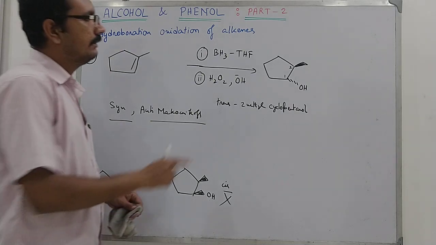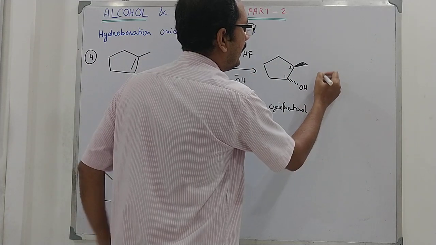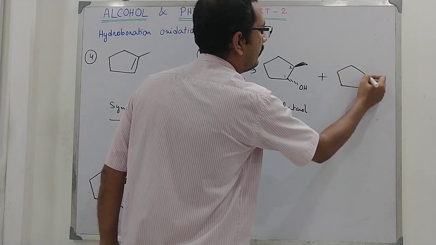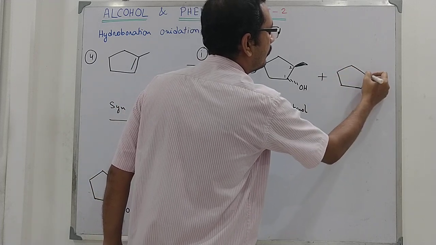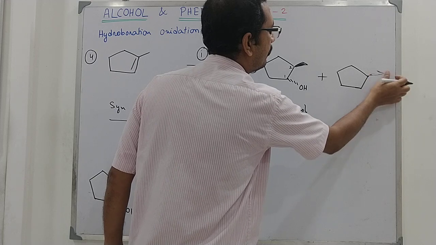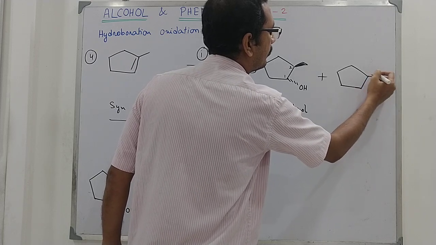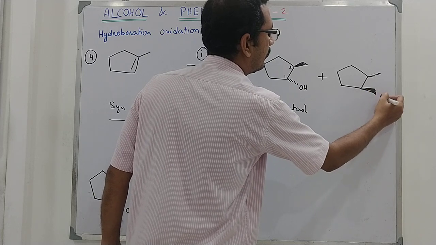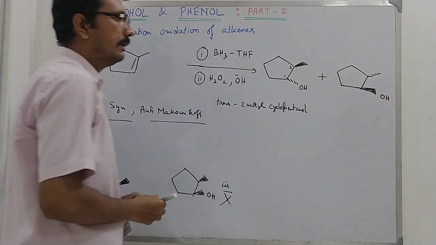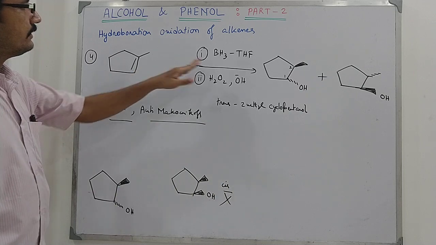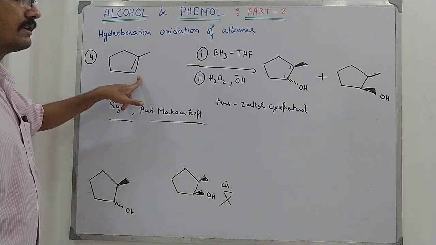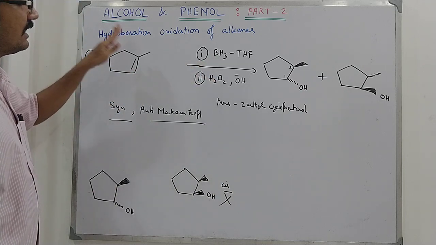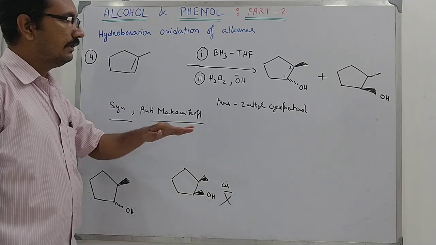Now you see, another enantiomer will also be generated equally. So this enantiomer is this one. Why this? Since we have considered the BH3 boron to attack from the lower side of the plane, it may also attack from the upper side of the plane with equal probability.